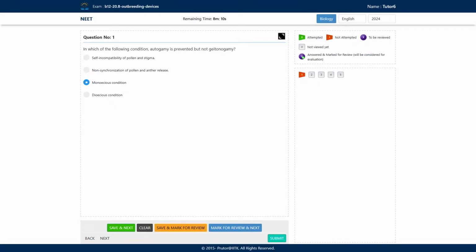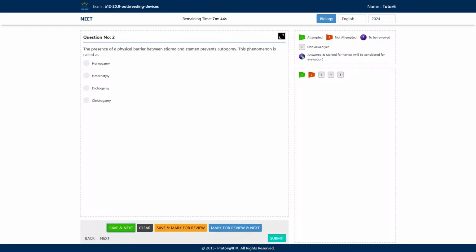Not the dioecious. Dioecious means the male and female reproductive organs are on separate individuals. That is not the condition. So, we will save it and move to the next question.